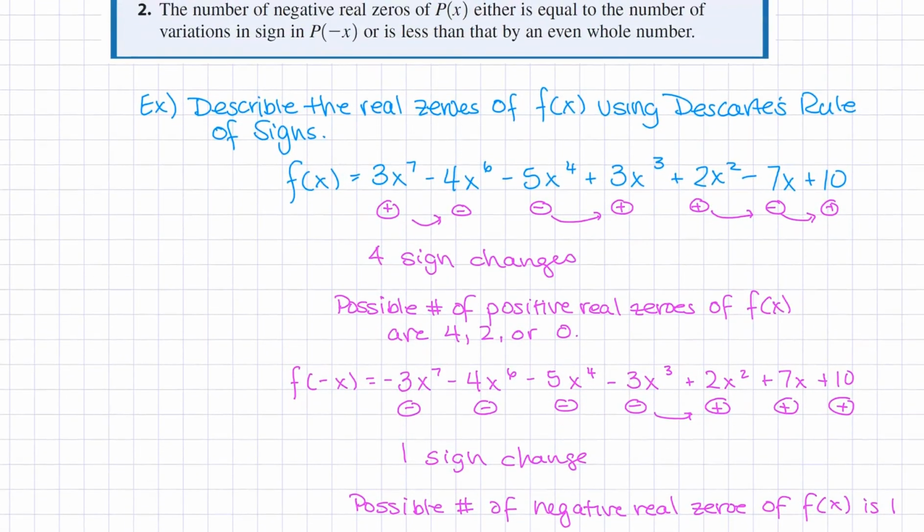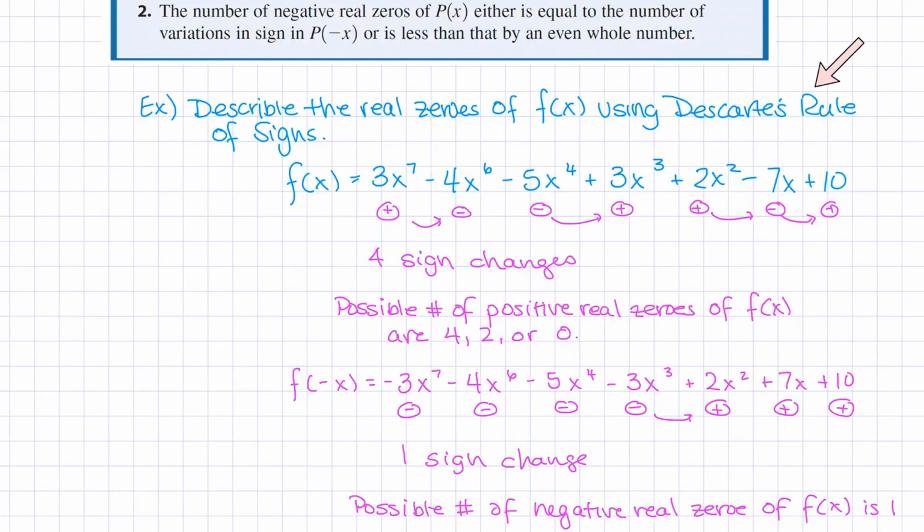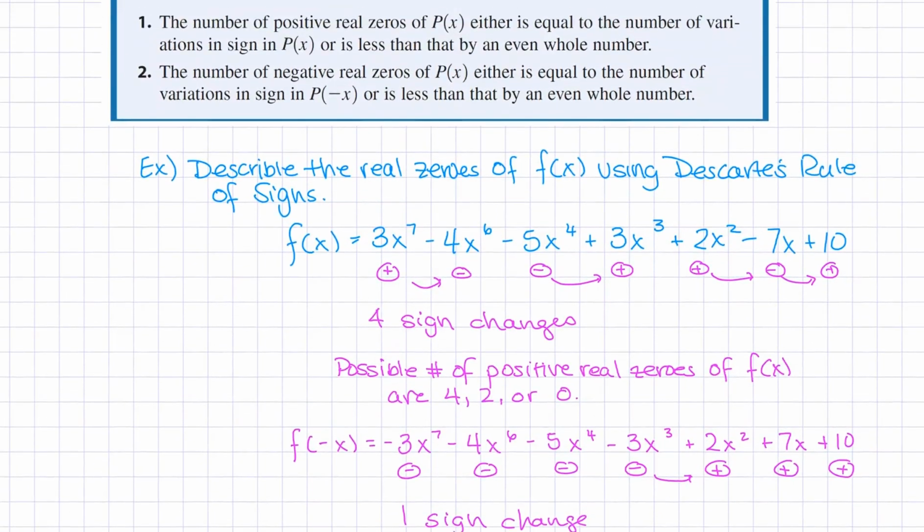So, describe the real zeros of f of x using Descartes' rule of signs, and here's f of x. We're going to look for variations in sign of p of x. We're dealing with f of x, but let's look for variations in sign. Sign changes in the coefficients though.